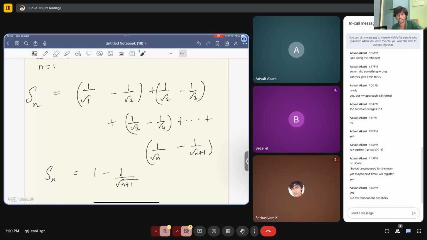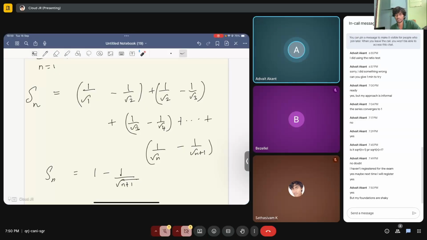Hello. Yes, like, I haven't proved everything rigorously and I don't know what goes on behind the scenes. Behind the scenes means the proofs you are talking about. Yes. Okay, some proofs you can look at.